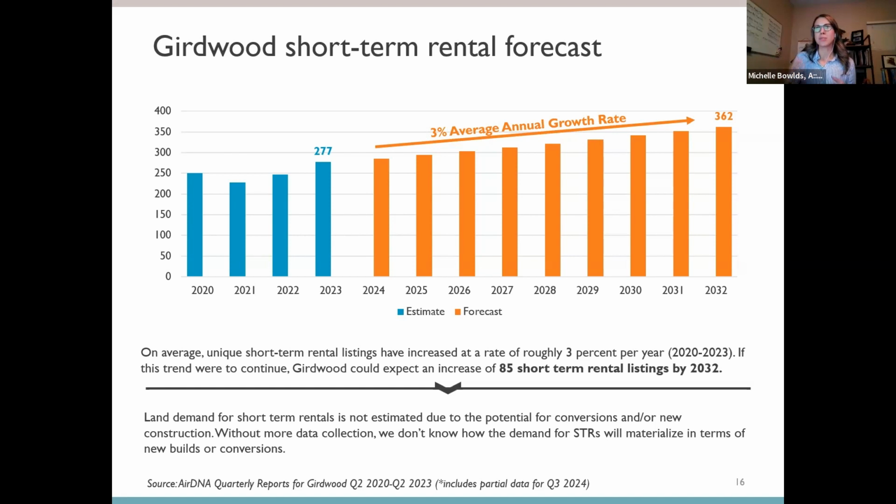So short-term rentals could be a new unit, or it could be a conversion of a total unit or a partial unit. So it's really challenging to forecast land demand for short-term rentals at this time without any additional data, because we don't know how the future short-term rentals will materialize in terms of new builds versus conversions.